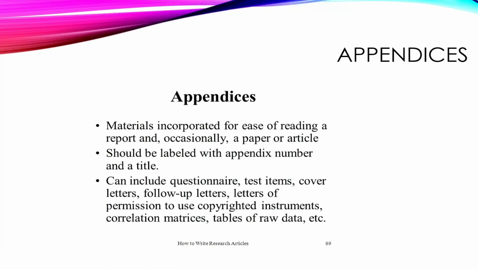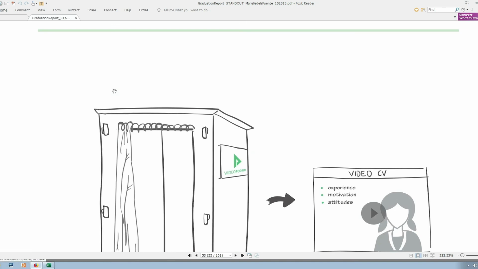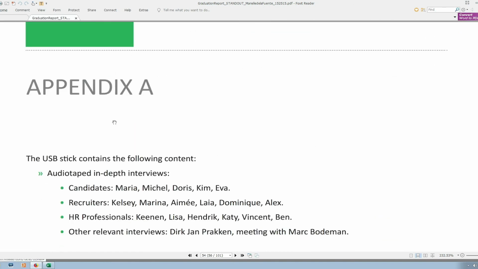Last but not least, your research should have appendices. All materials which are not in the main text, so your survey, your interviews, your tables, could be in the appendix. A quick look how the appendices could look like.